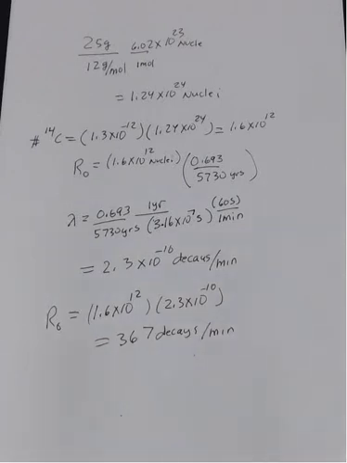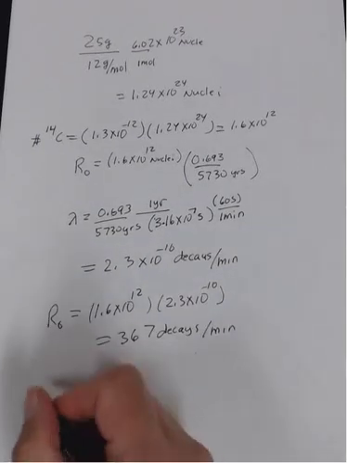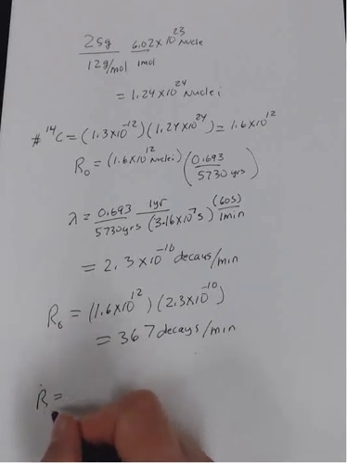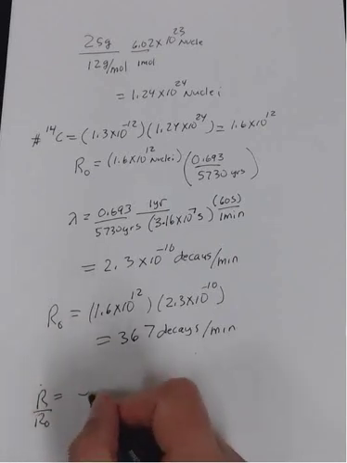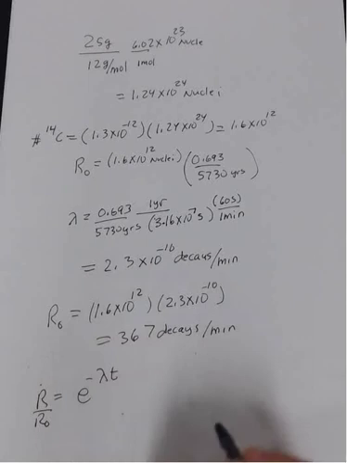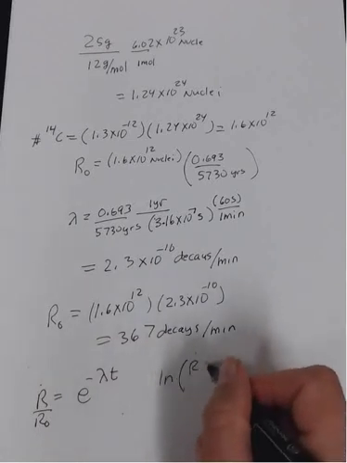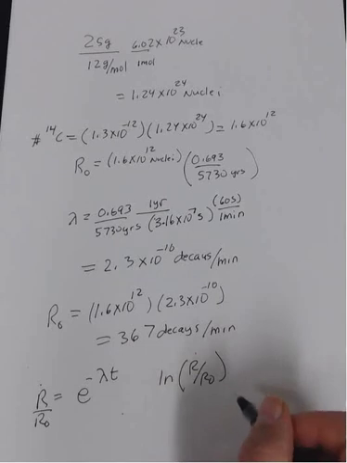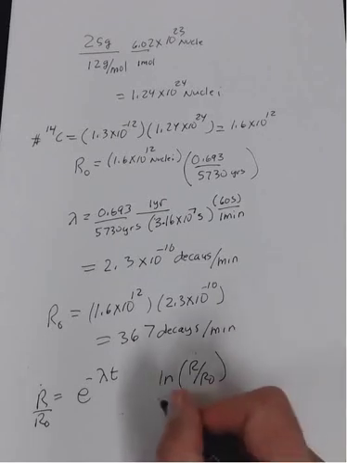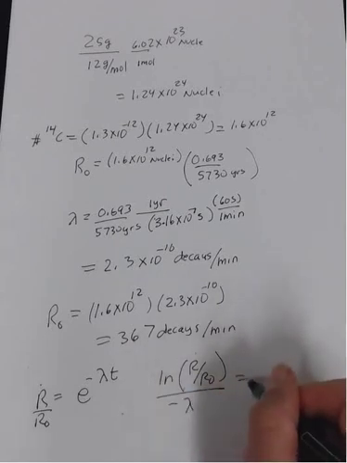So that was our initial, and now we have R, which is 250. If I divide that by R naught, I get e to the negative lambda t. So natural log of R over R naught divided by negative lambda should be the time.